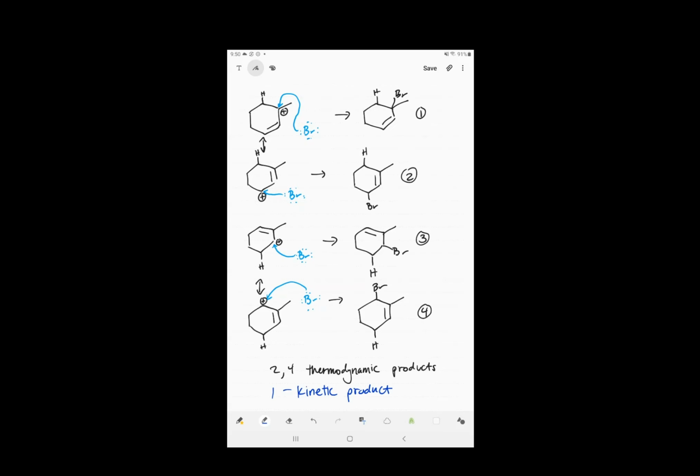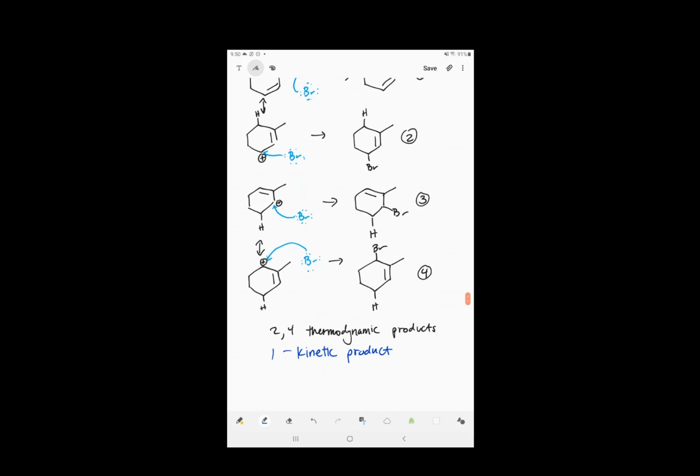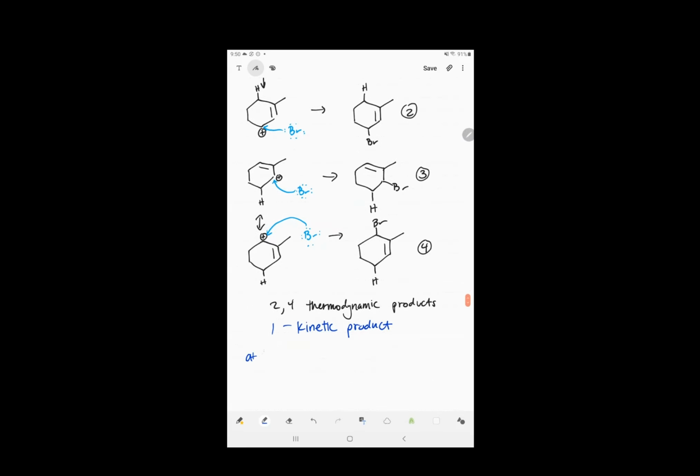So if we were to make a product distribution, we could say at low temperatures, we're probably going to get our kinetic product first. This is going to be our product distribution.